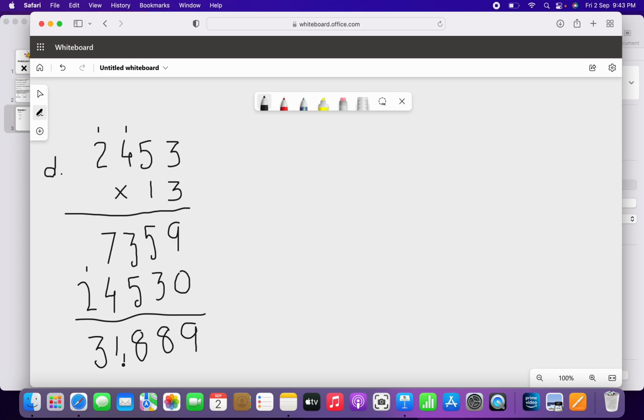So boys, the answer for 2453 multiplied by 13 is 31,889.